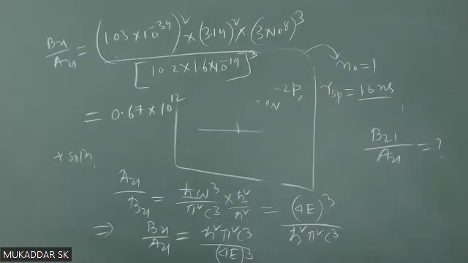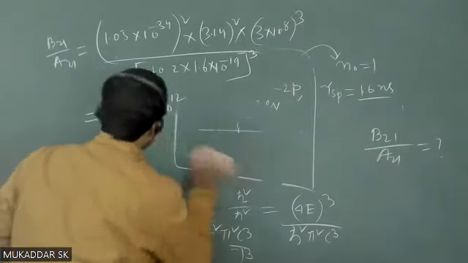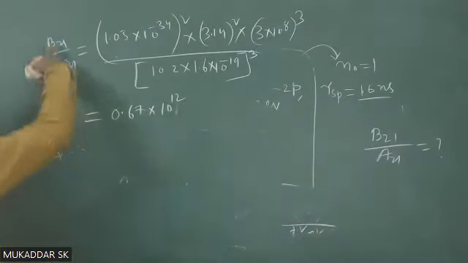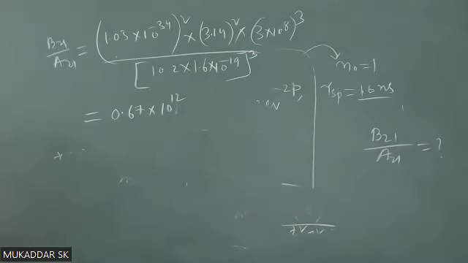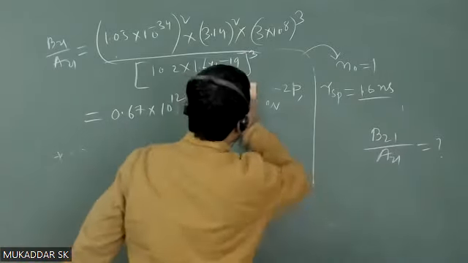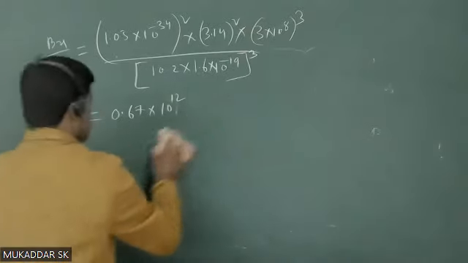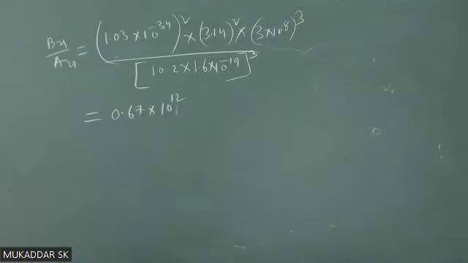Will there be any unit of this ratio B21 by A21? No, sir. Check properly, do both have the same unit? Just check it. Both do not have the same unit.